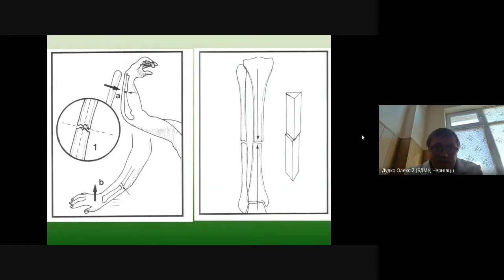And another point is that, compared with oblique and comminuted fracture lines, these fractures may heal longer. That's why in many cases we use a surgical method. For transverse fractures, intramedullary nailing of these bones, or maybe compression plating, is a good choice.